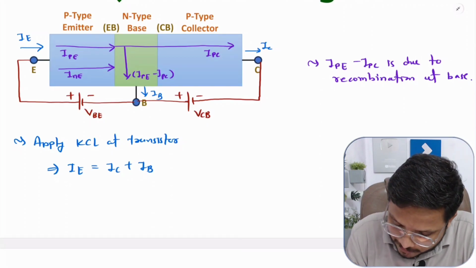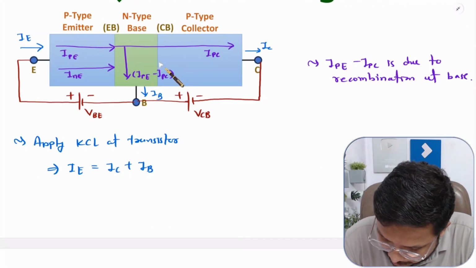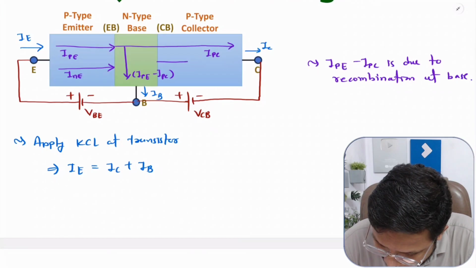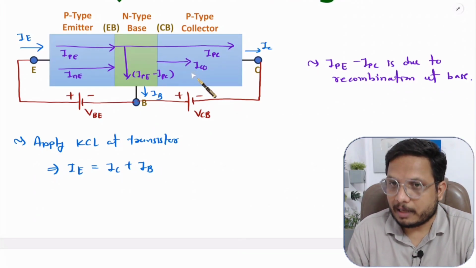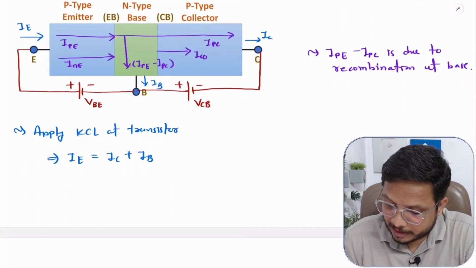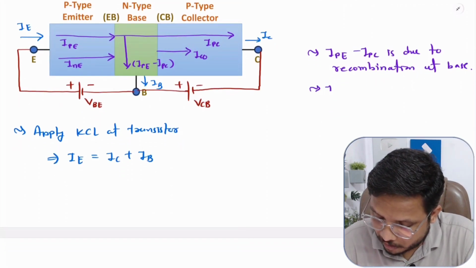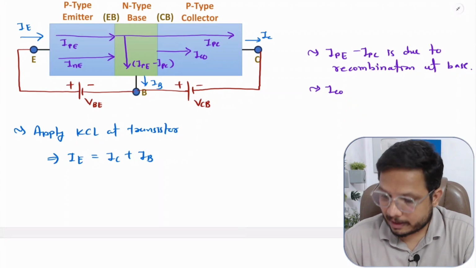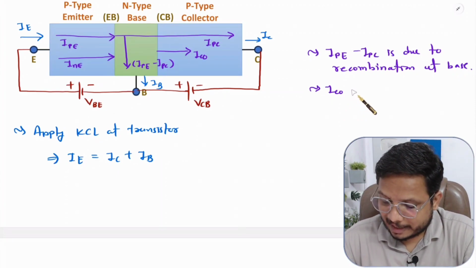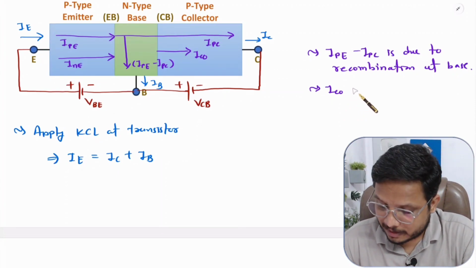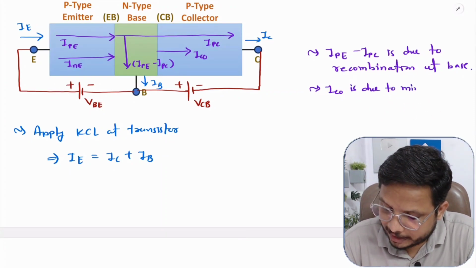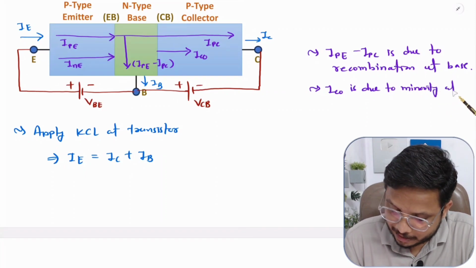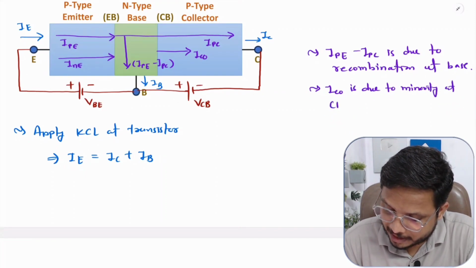So here you can say we will be having reverse recovery current, that is ICO, right? And this ICO, let me note it down. This ICO, that is reverse recovery current, is happening due to minority carriers at the collector base junction, right?